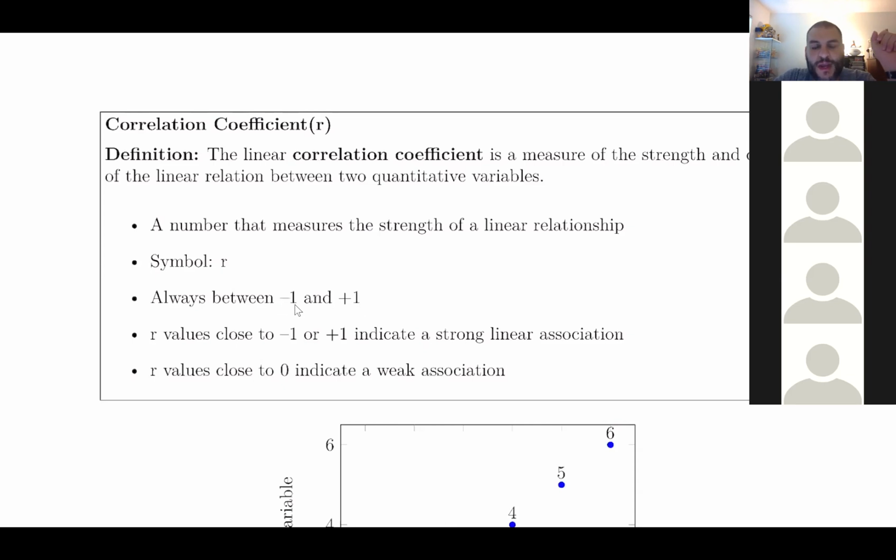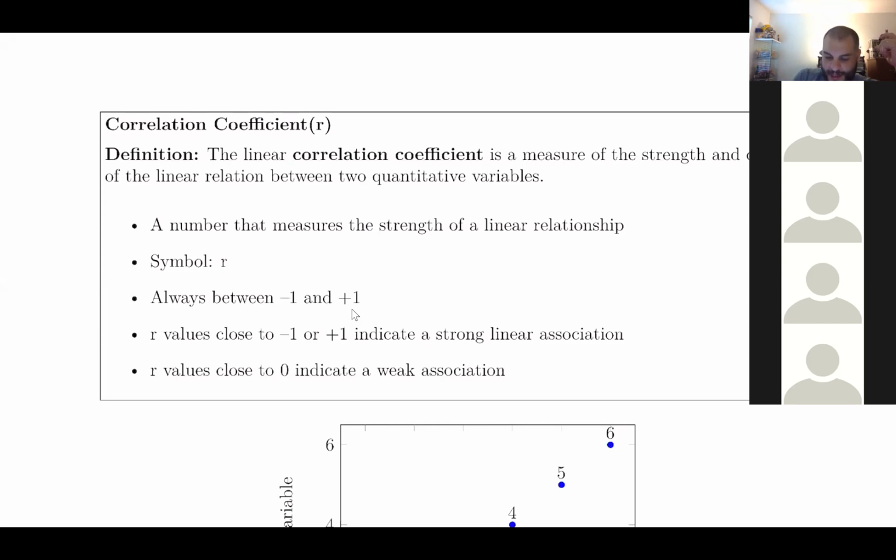So for this one, when your R is close to either -1 or +1, you're just gonna say, okay, that's a strong linear correlation. When you have a weak linear correlation, it's when it's close to 0. So the closer it gets to 0, the weaker the association you're gonna have. The closer it gets to -1 or +1, that's when you have a strong correlation.